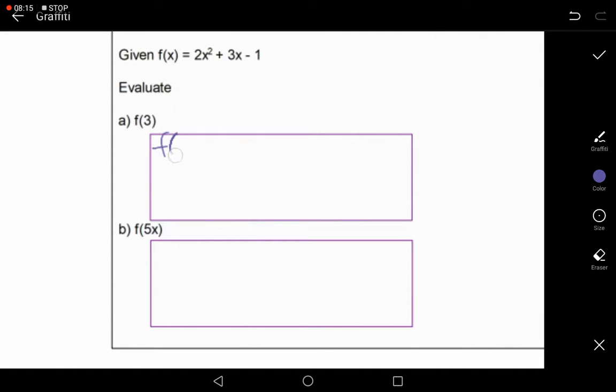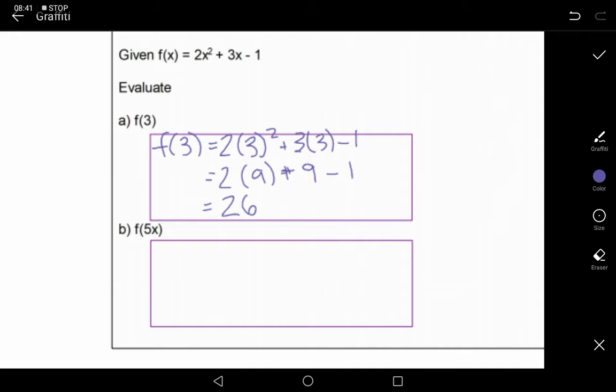So f of 3 equals 2 times 3 squared plus 3 times 3 minus 1. So that's just going to be 2 times 9 plus 9 minus 1, which equals 26.